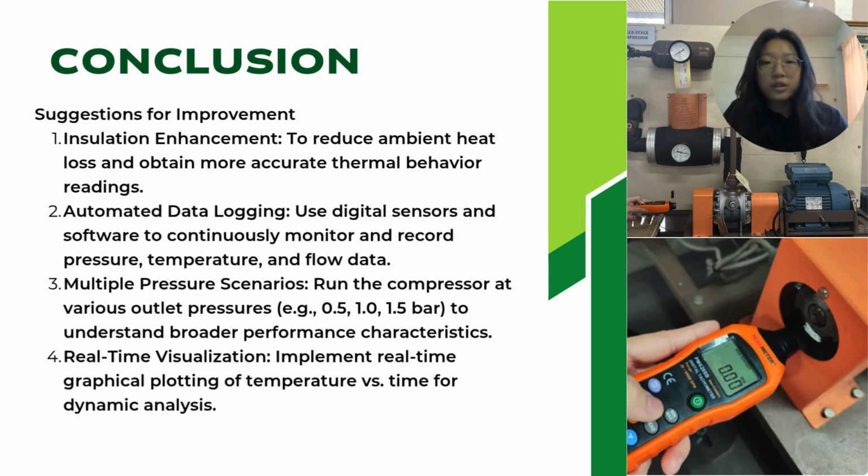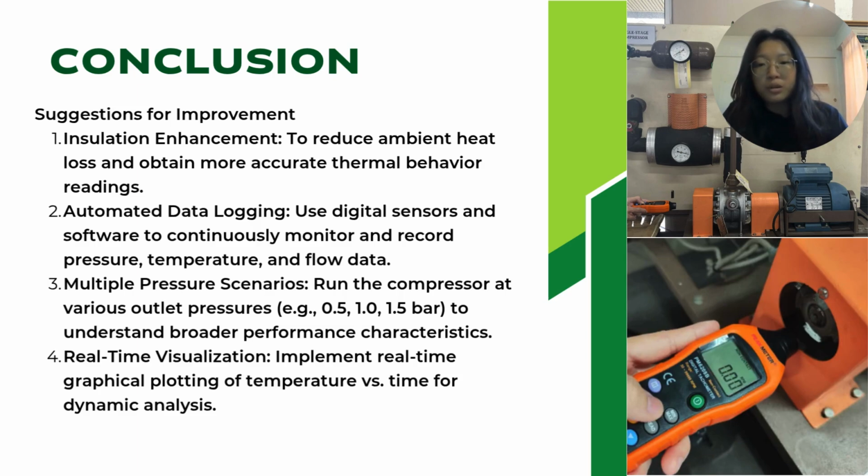For the suggestions for improvement, the first one is insulation enhancement, in order to reduce the ambient heat loss and obtain more accurate thermal behavior readings. The second one is to automate the data logging, using digital sensors and software that continuously monitor and record the pressure, temperature, and flow data.